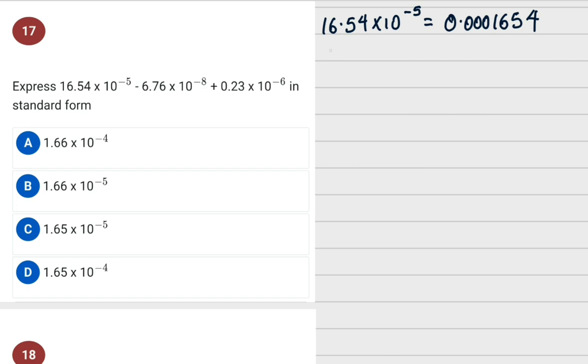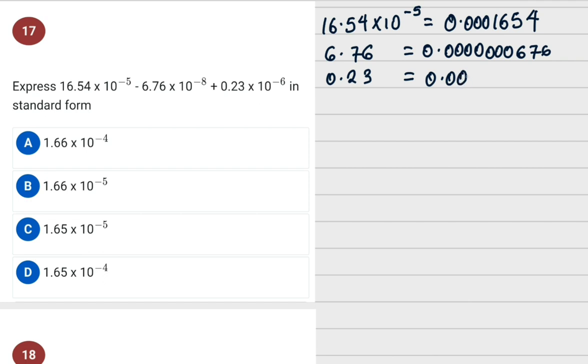All right, so if you have 6.76 raised to power minus 8, this will be 0.0000000676 with the zeros. Then the last is going to be 0.23, which gives 0.0000023 with six zeros, then 2, 3.